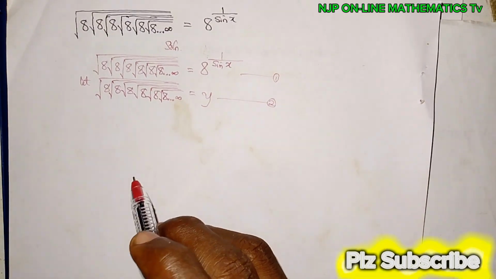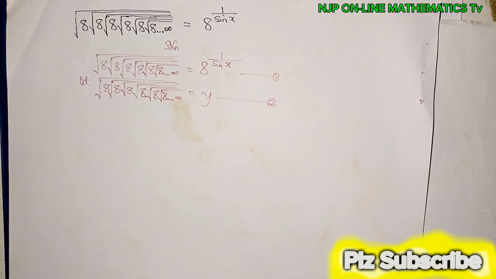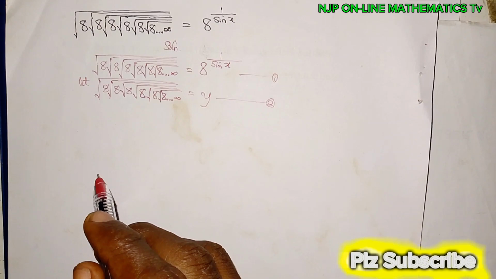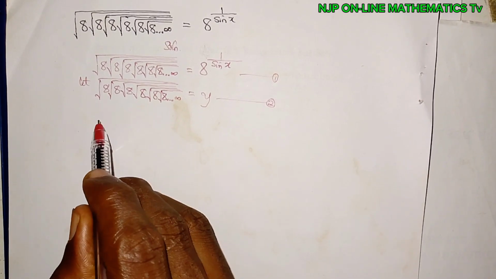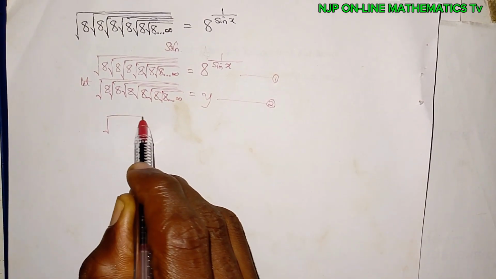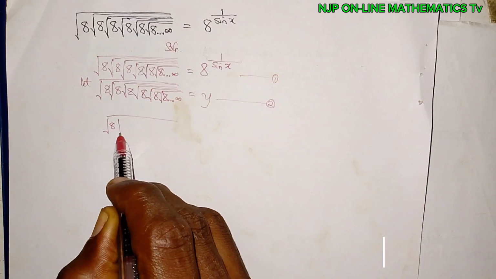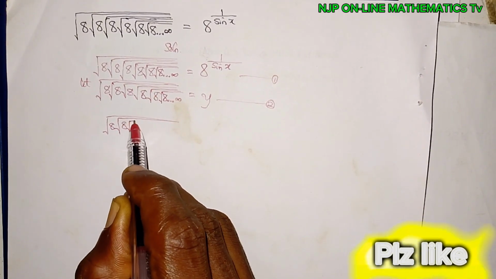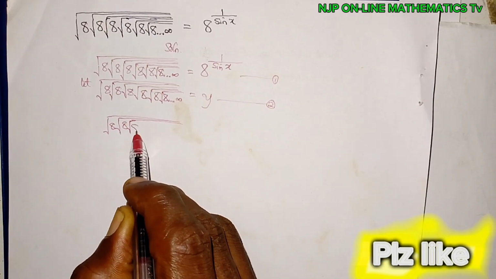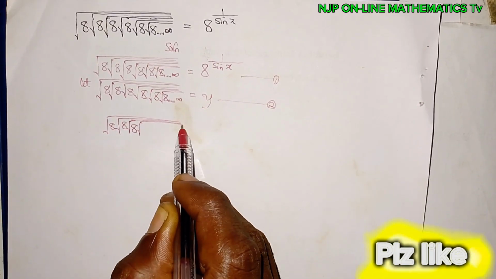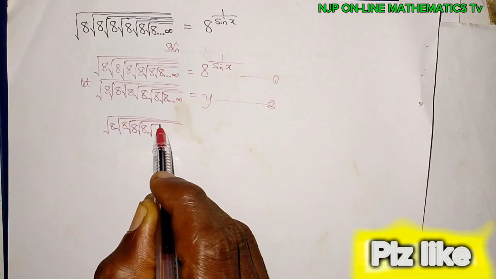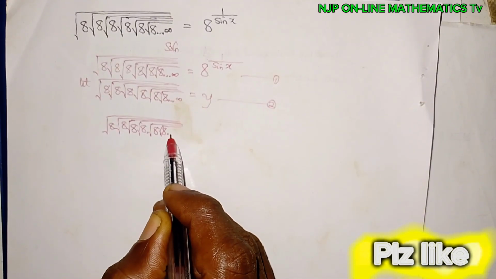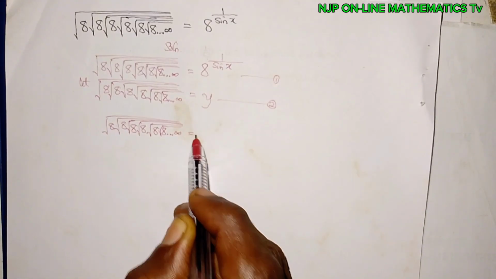From here, there is need for us to clear the square roots that we are having here. So we have to square both sides, and if we do, the root of 8 multiplying the root of 8, as it continues to infinity, equals y.